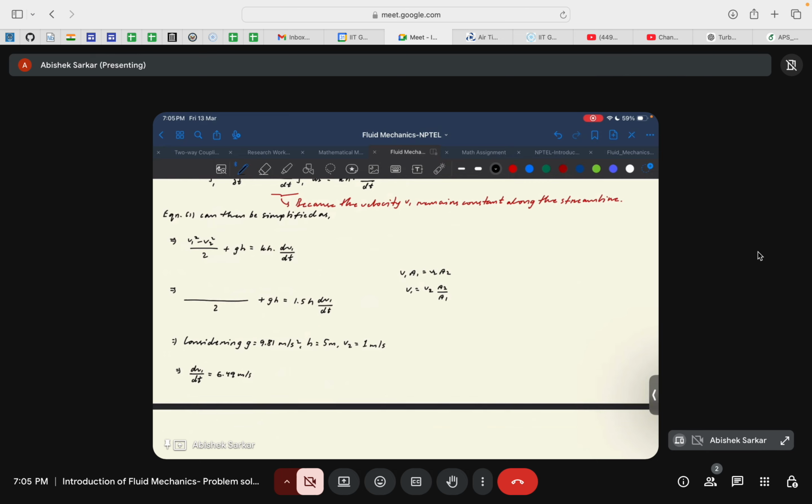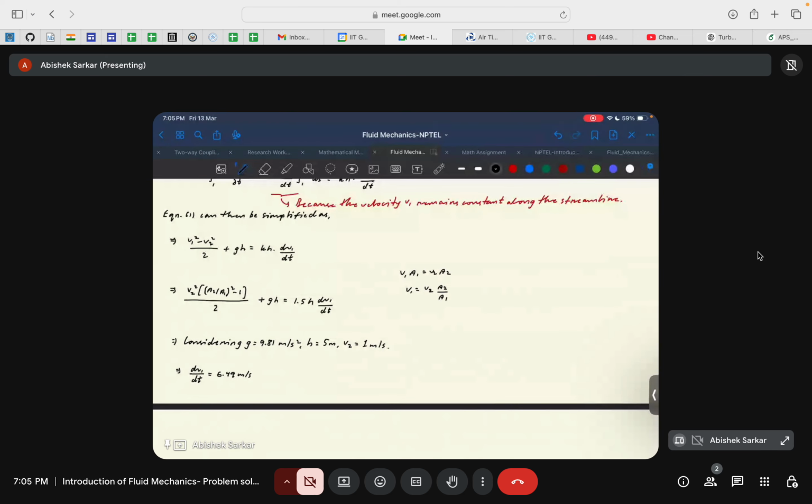We can take V2 squared common, so we have (A2 by A1) whole squared minus 1, plus GH is equal to 1.5 times H times dV1 by dt. So we need to find dV1 by dt. Now substitute the value of A2 by A1.